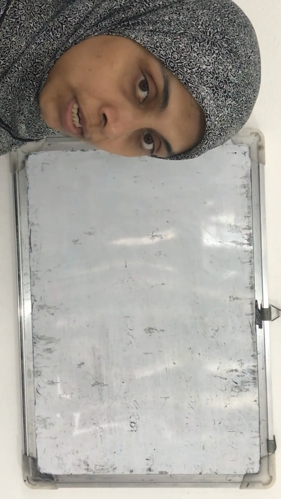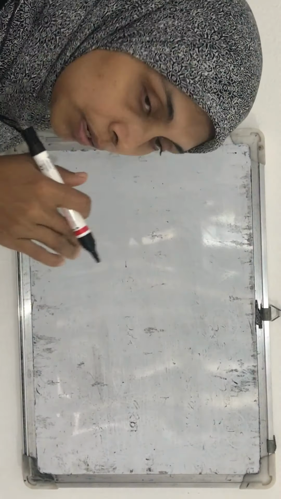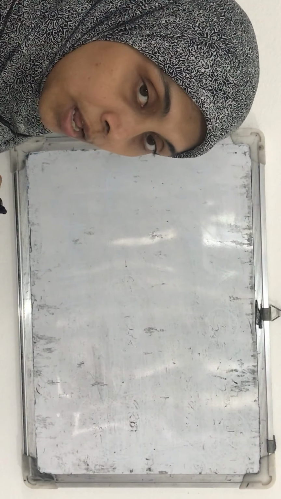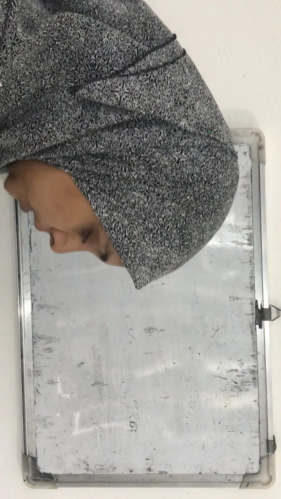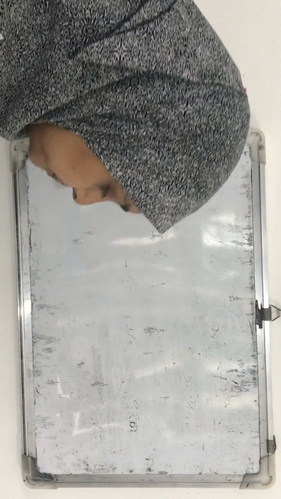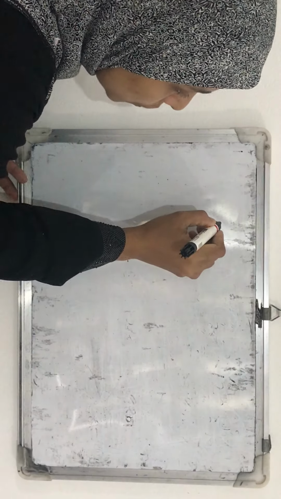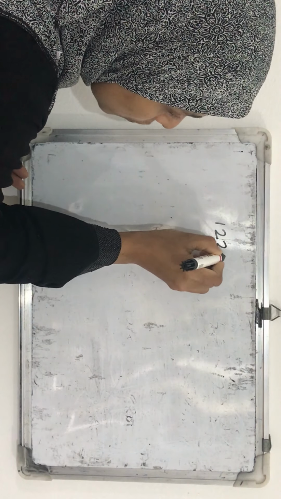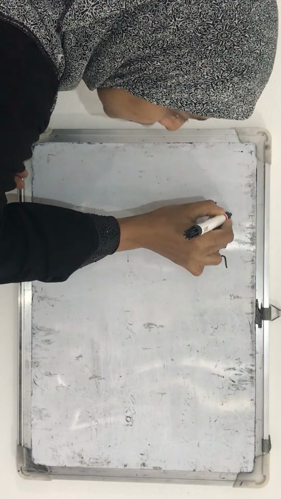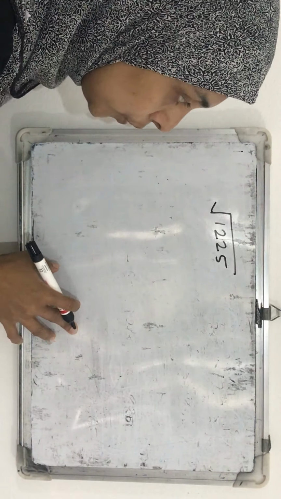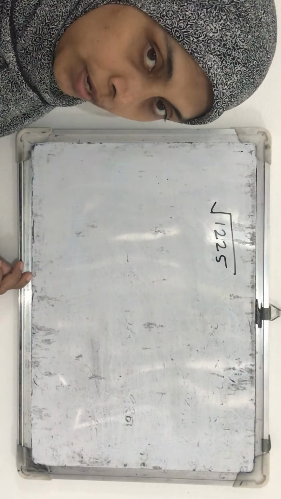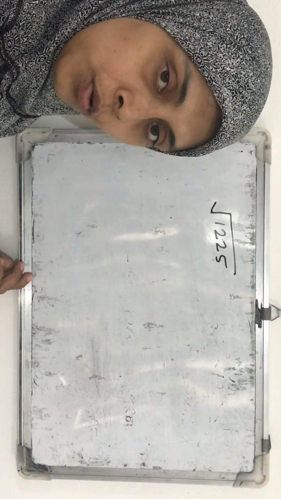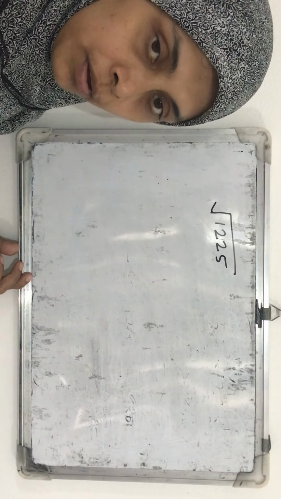It is very important and it is a new method for you, so all of you listen well. Suppose we take the same example: find the square root of 1225 using the long division method. The same we can find using prime factorization also, no problem.